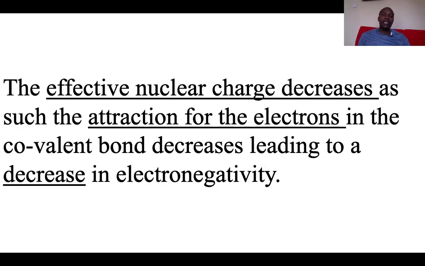So the effective nuclear charge decreases. As such, the attraction of electrons in the covalent bond, of course, decreases, leading to a decrease in electronegativity. So you're going to check through properly. You sit down and listen to yourself and try to understand that statement.